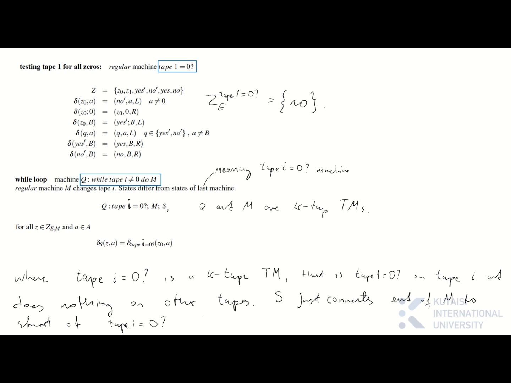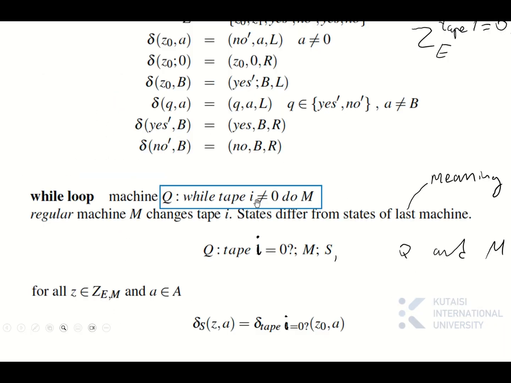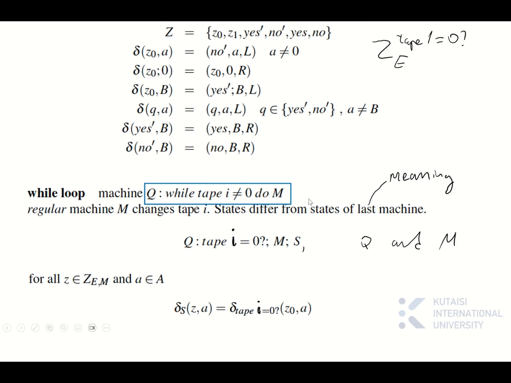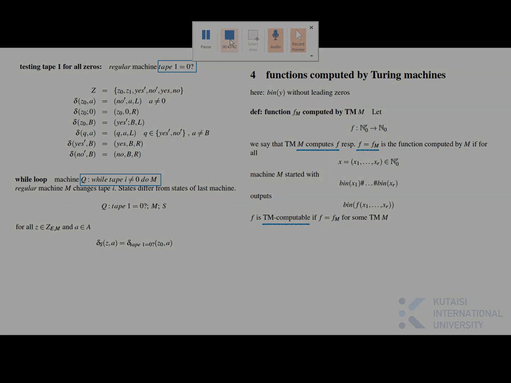No, does M again. And if tape I is 0, then it returns yes. Yes is not my accepting state, so it will not do M anymore. So it's exactly what we described. It is a while loop that, as long as tape I is non-zero, does M. And this is actually a good point to end perfectly. Then we discuss everything else tomorrow, right?